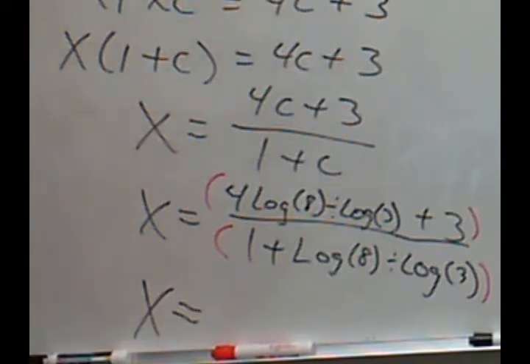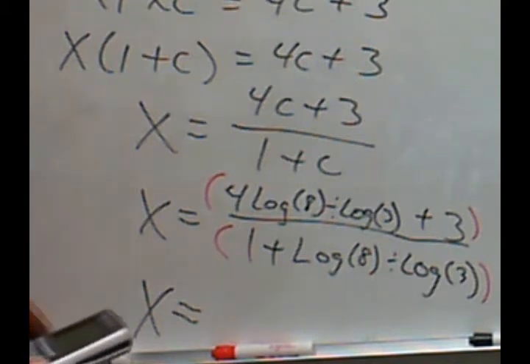Open parenthesis 4 log of 8 close parenthesis divided by log of 3 close parenthesis plus 3 close parenthesis divided by open parenthesis 1 plus log of 8 close parenthesis divided by log of 3 close parenthesis and then close parenthesis.